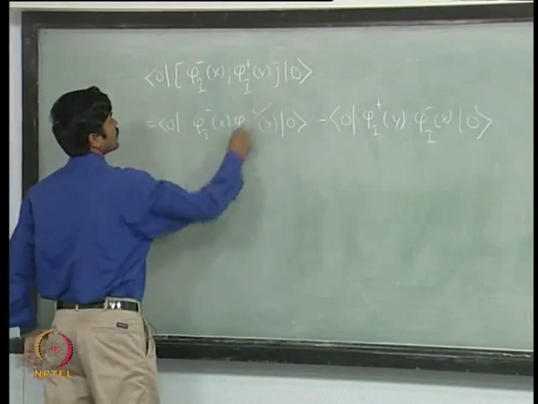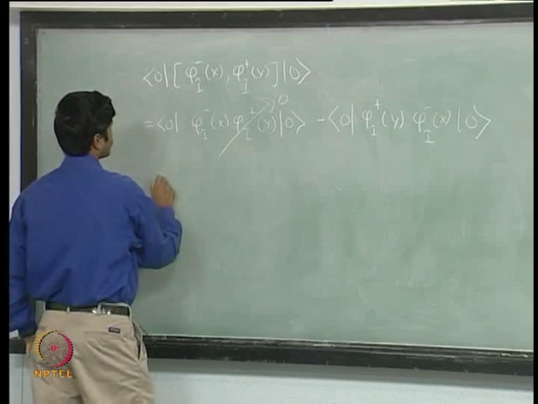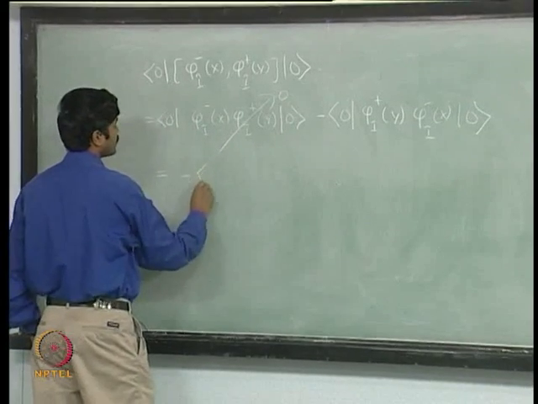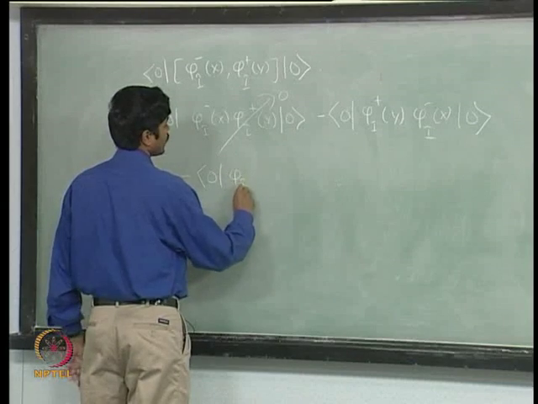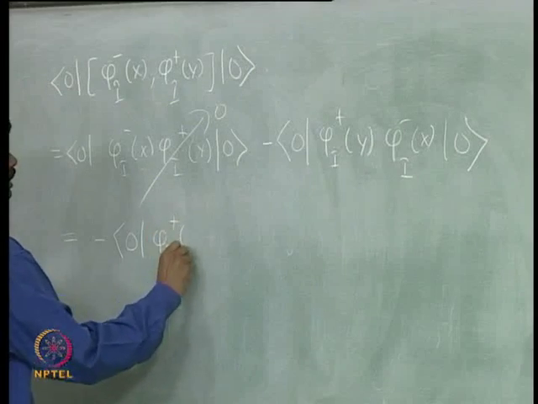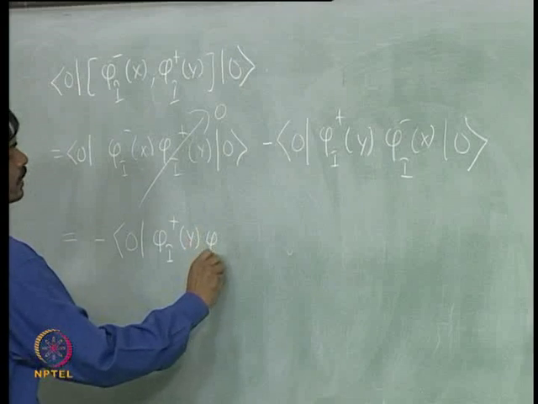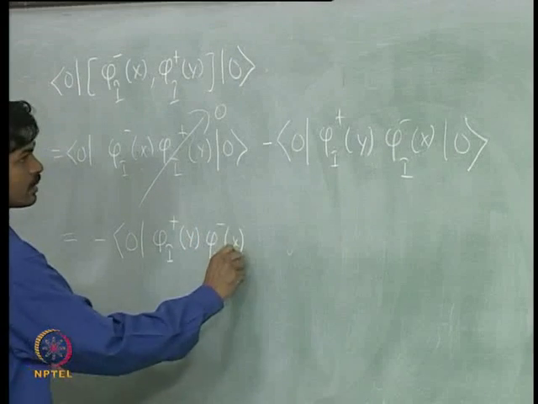So, the first term vanishes. Therefore, this commutator here is minus vacuum expectation value of phi I plus y phi I minus x.